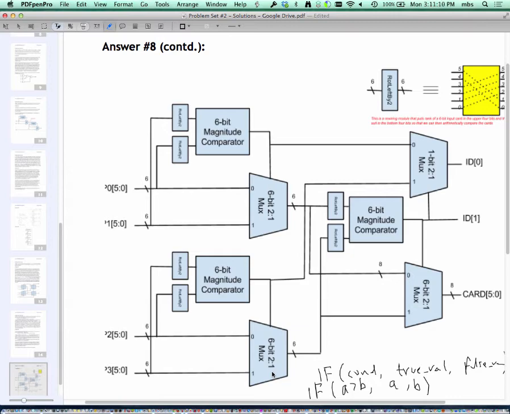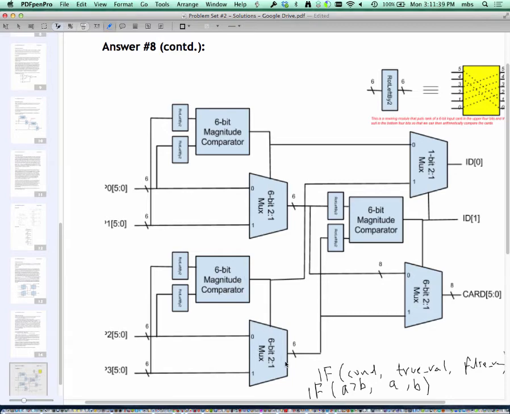A MUX which is 8:1 is capable of handling 8 cases, and so forth. So you could imagine, if I have 4 possible inputs, I can feed them into something other than a magnitude comparator, something more complicated, which outputs 2 bits telling me something about those 4 inputs, and then I can have a 4:1 MUX there.